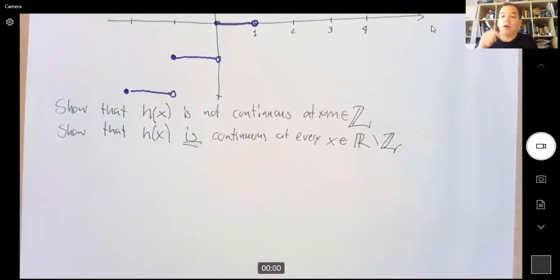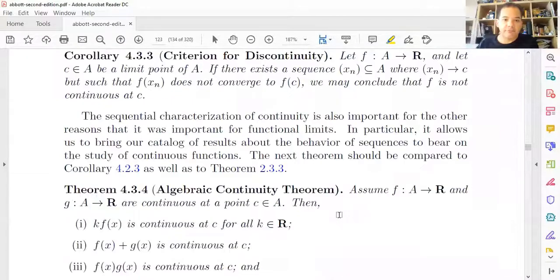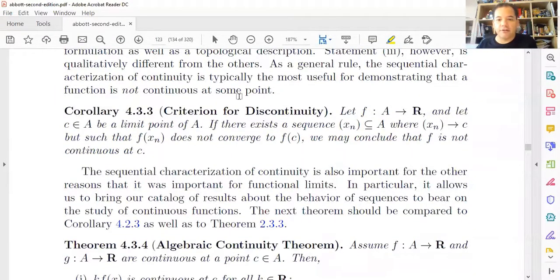So what is our best tool to show something is not continuous? If you remember, we had a great corollary to our theorem about sequences, and that's what I recommend essentially to show that anything is not continuous. Let me show you on the page, in the book, and it's right here: the criterion for discontinuity.